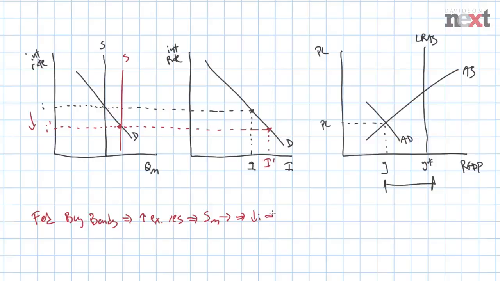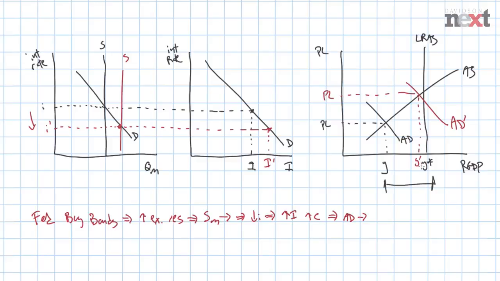So lower interest rates would lead to increased capital investment, and they would also lead to increased interest rate sensitive consumption. Things like cars and refrigerators, large ticket items that people tend to borrow money to buy. And that, in turn, will shift aggregate demand to the right, since aggregate demand is C plus I plus G. In my graph here, if I move aggregate demand to the right, see that would result in higher prices for the economy, but also increased output.